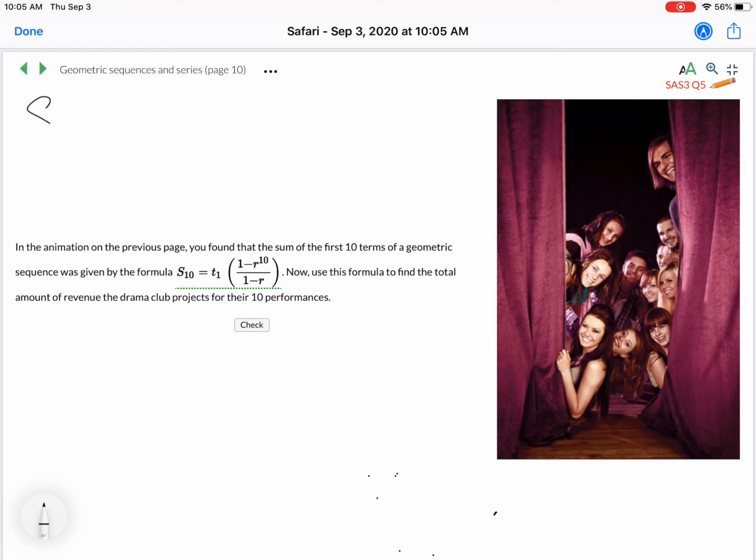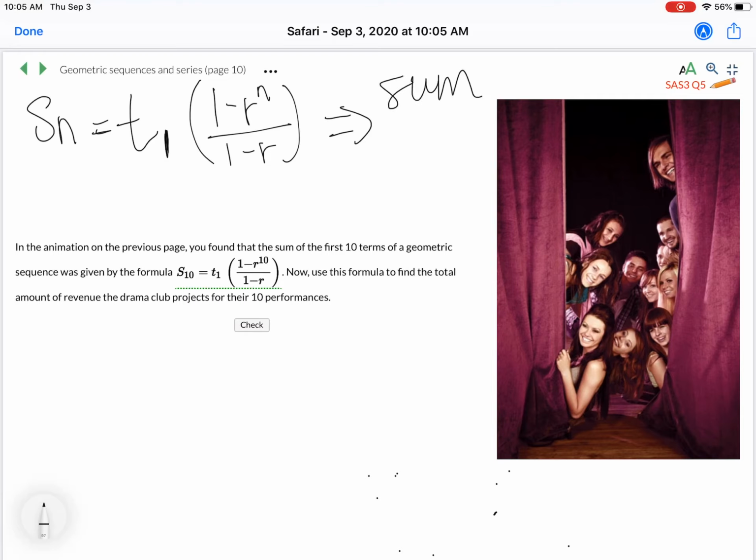This is a formula you're going to have to know. All right, this is to find the sum, okay?